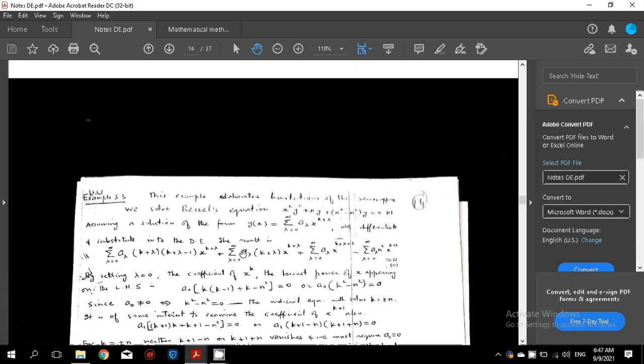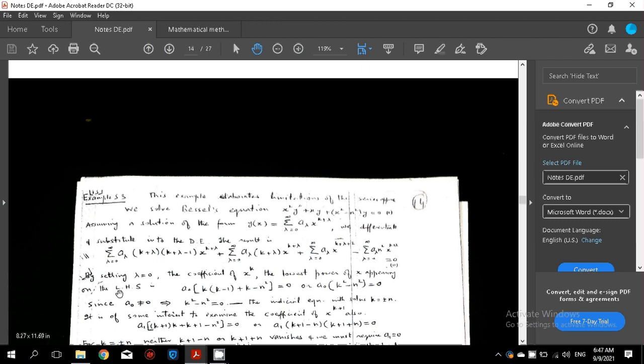So you get this equation as written here, which is the result of putting the values of y dash and y double dash, and you end up with this equation.